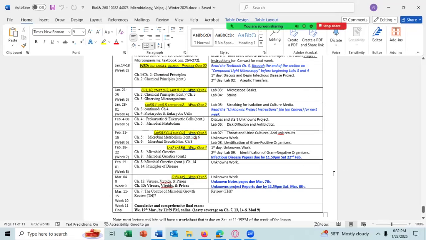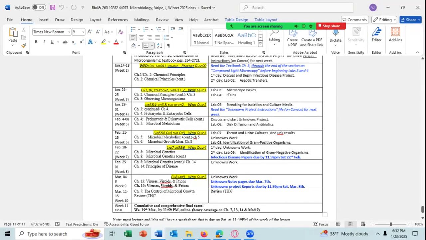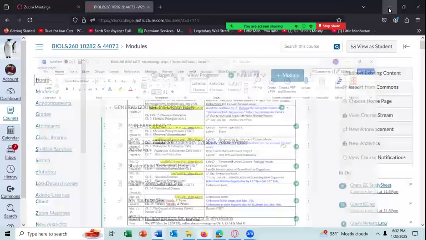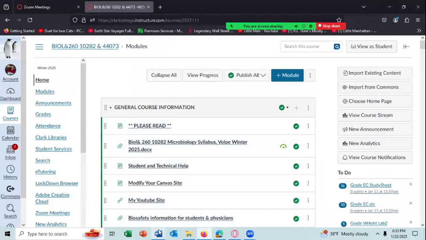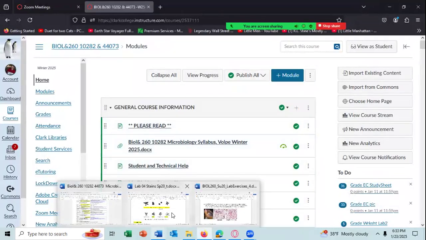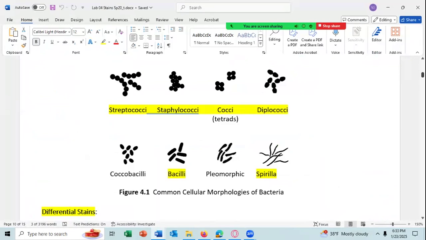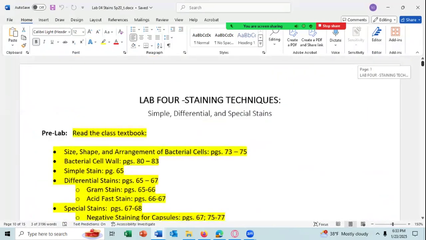Today is January 23rd, and we were supposed to be covering Lab 4 on stains. Lab 4, staining techniques.